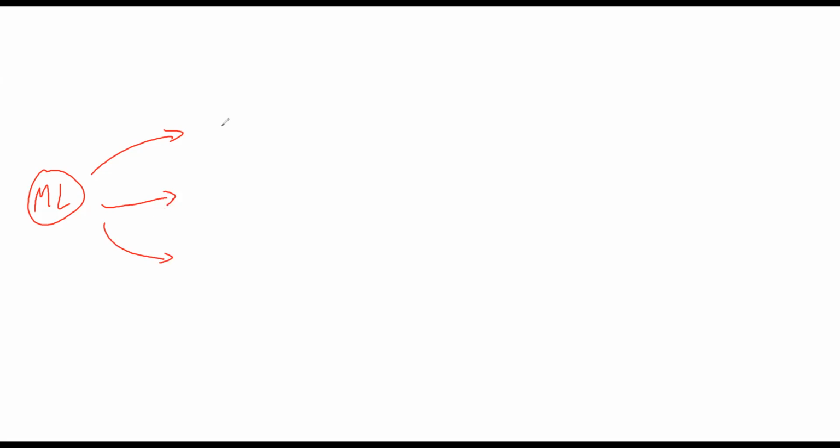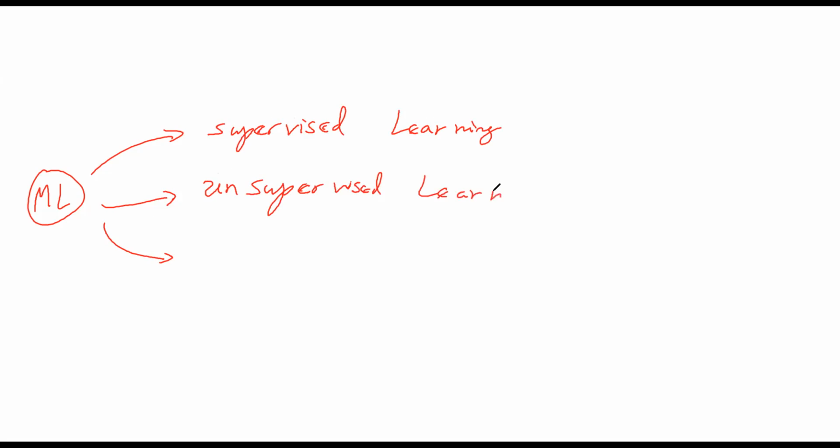It can focus on supervised learning, and then there's unsupervised learning, and then there is reinforcement learning. These are the 3 basic areas that we can take a look at.